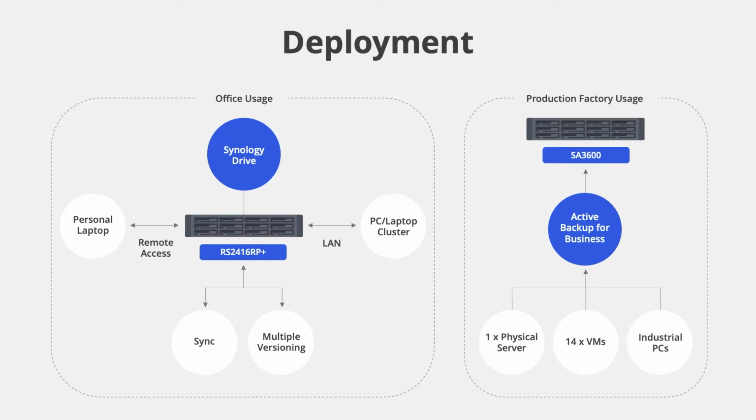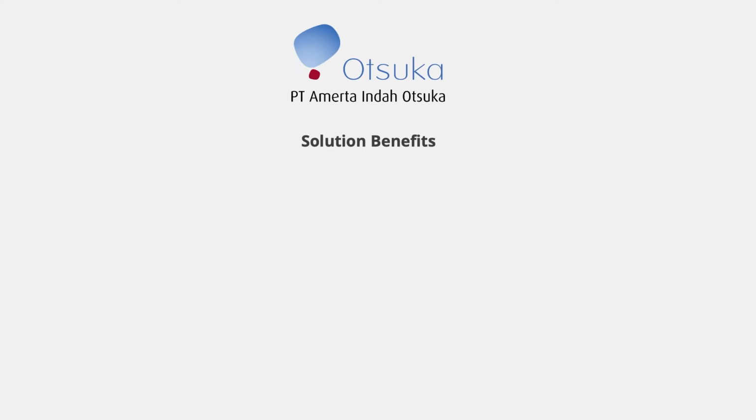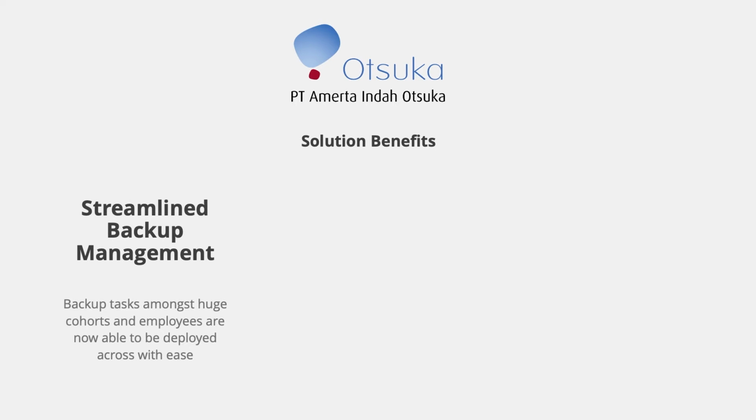As we can see from the deployment topology, in production factory site 1, one physical server, 14 virtual machines, and numbers of industrial PCs were backed up using Active Backup for Business to a Synology SA3600. After deploying Active Backup for Business, Otsuka Indonesia was able to mass deploy backup tasks to different departments easily, streamlining the IT management process.